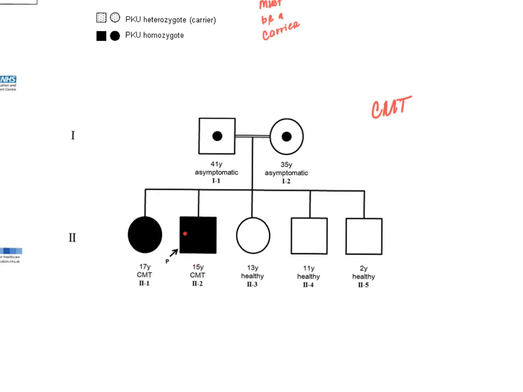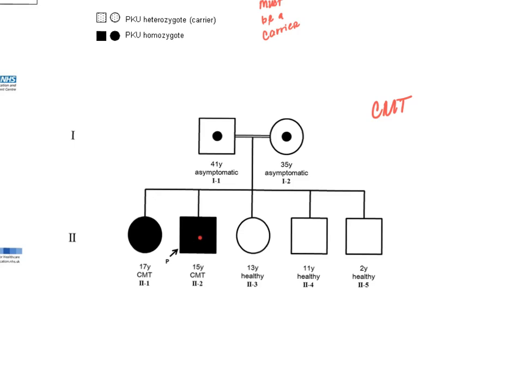So this individual, this 15-year-old, the 15Y indicates that this is a 15-year-old male offspring, and this is the person who would have presented at a doctor's office or for genetic counseling, and this is the reason that the genetic tests were done. Okay, so the proband is indicated by the P with an arrow, and that means that that's the person that started or initiated the formation of the pedigree.